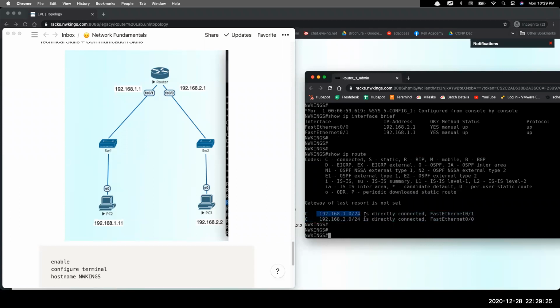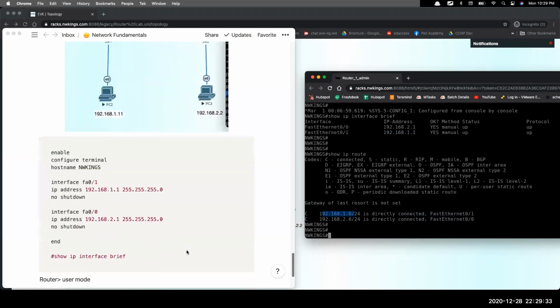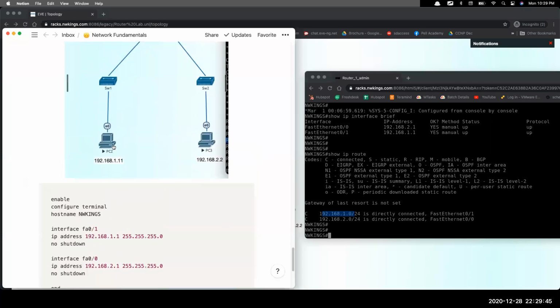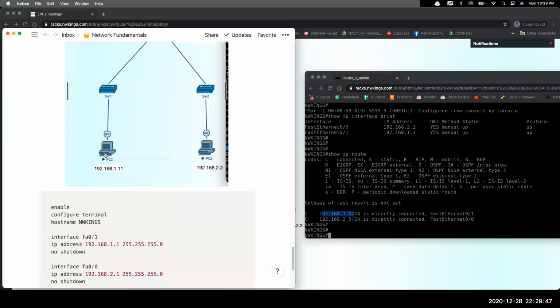192.168.1.0. But I have given IP 192.168.1.1. Why is this showing me 1.0? Because the router only saves network IDs. So what are network IDs? A network ID is like the house of IPs. Like, I have one computer, maybe you have 100 computers.